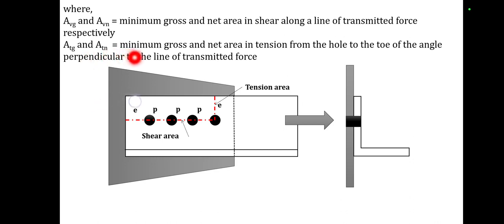Atg and Atn are the minimum gross and net area in tension, from the hole to the toe of the angle, perpendicular to the line of transmission.